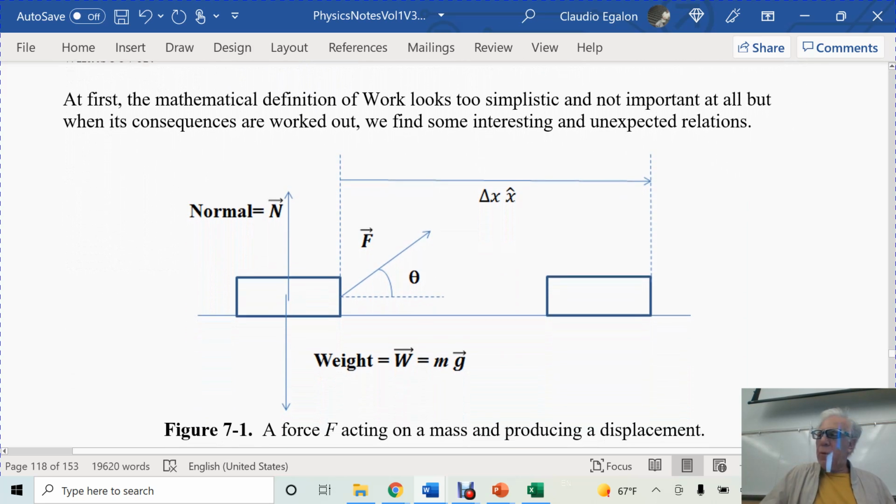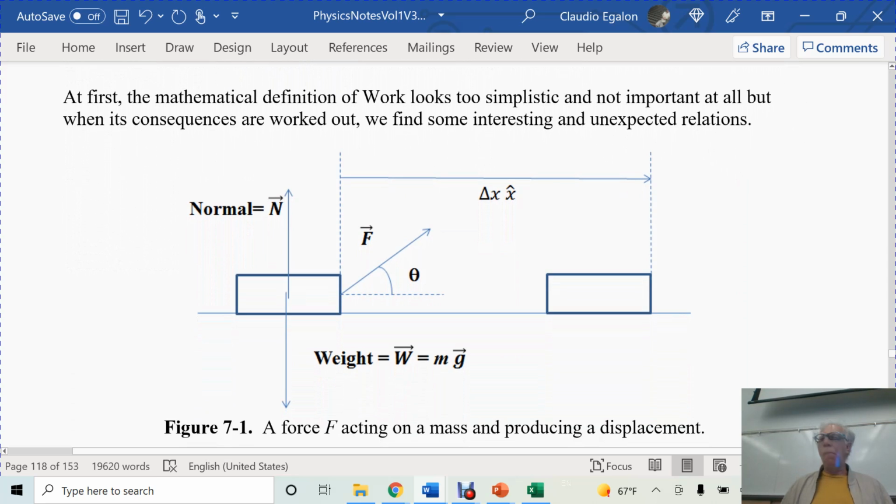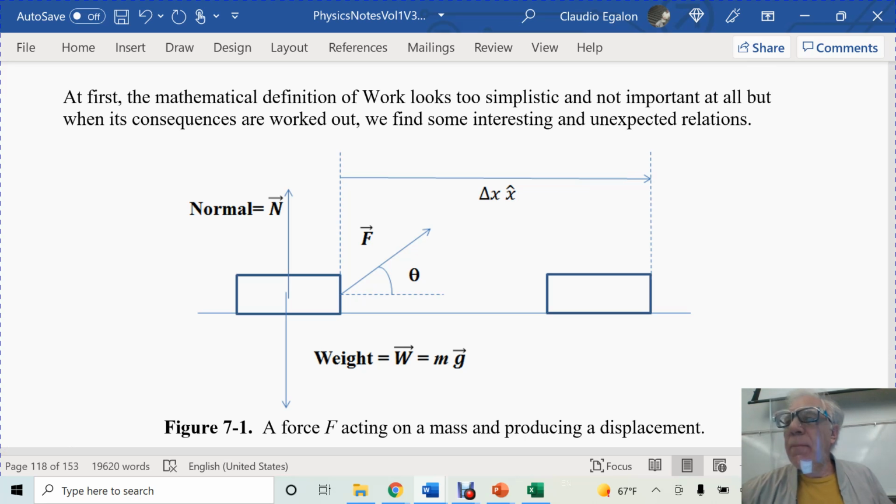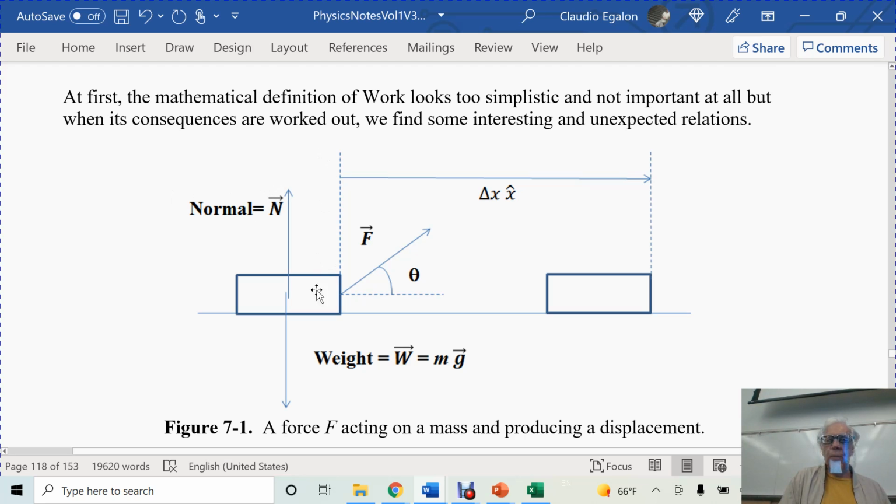Suppose that we have an object and you apply a force to this object for the object to move from one place to another. By making this object move from one place to another, you did some type of work on this object.